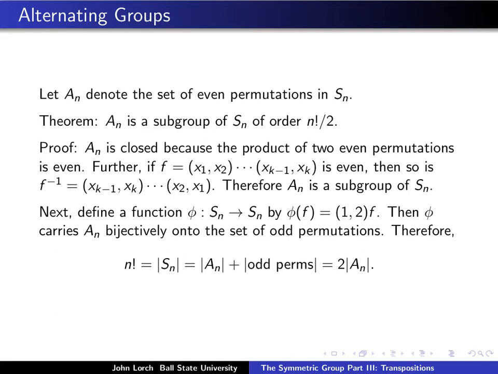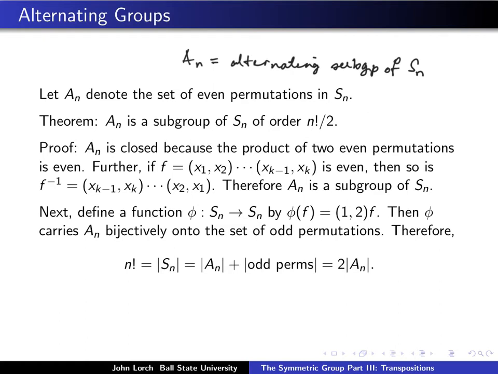So A sub n has a name. It's called the alternating group. Or maybe we would call it the alternating subgroup of Sn. Right, so we're going to go ahead and prove this theorem.